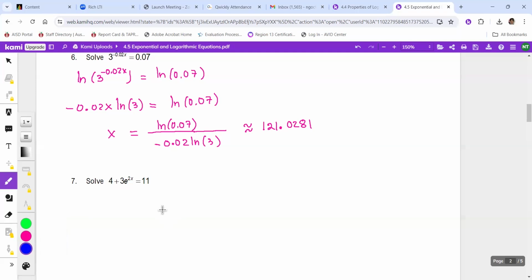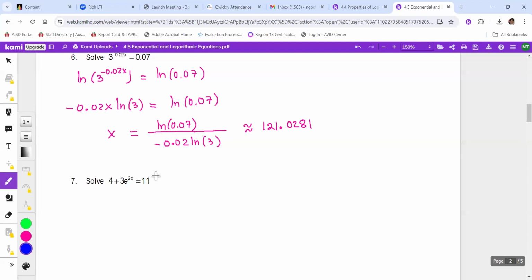Then we have to take log, but we cannot just take log right away, because to take log, we need to isolate the term that has the base and the exponent by itself first.